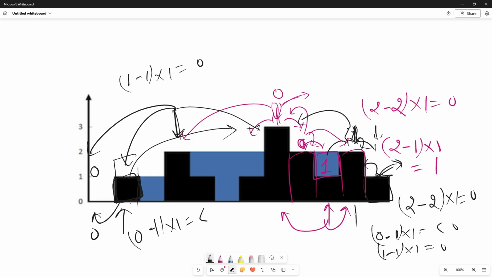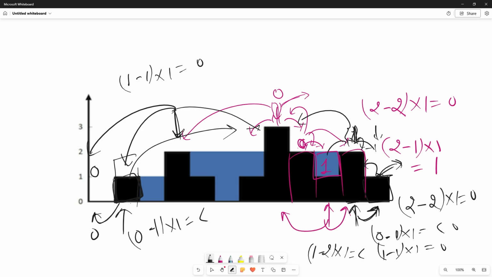Similarly, at this case, for example, consider the maximum height bar toward the right. If we say the maximum height bar toward the right is this bar, then the amount of water collected is the height of that minimum bar, 1, minus the height of itself, that is 2, multiplied by 1, which gives a negative result, which we will not count.